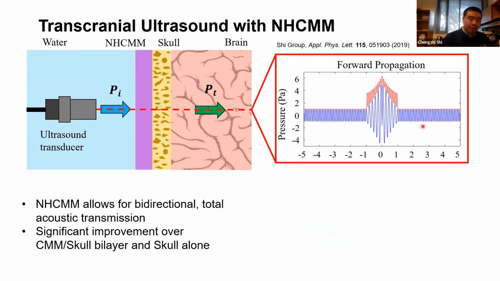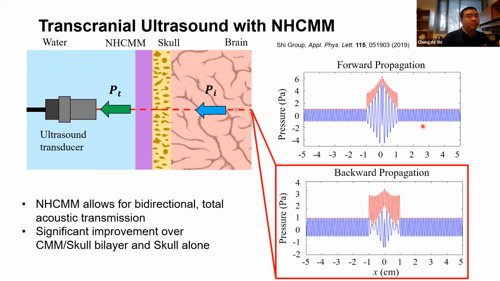What about the backward transmission? Same thing here: we have a total transmission through the bilayer, which means that with this non-Hermitian complementary metamaterial, we can achieve a total transmission through the skull. So we achieve this transcranial ultrasound, which can be used later for brain imaging.